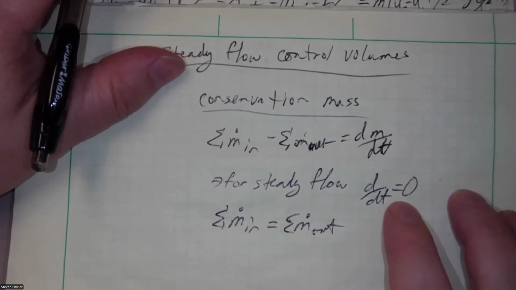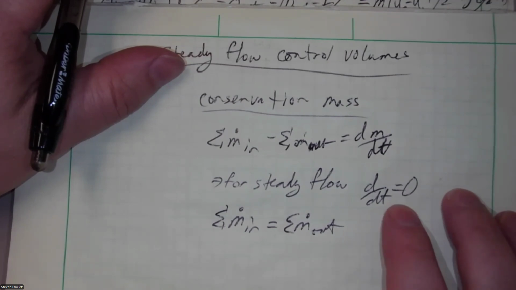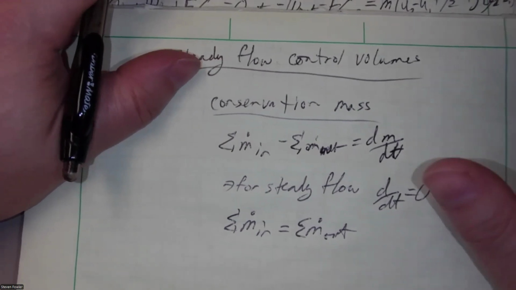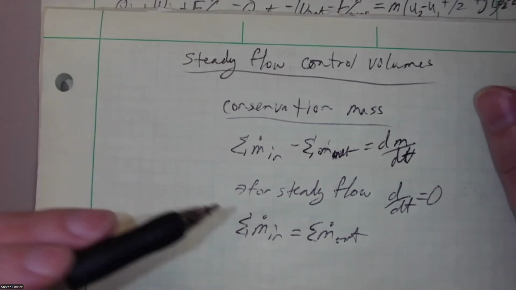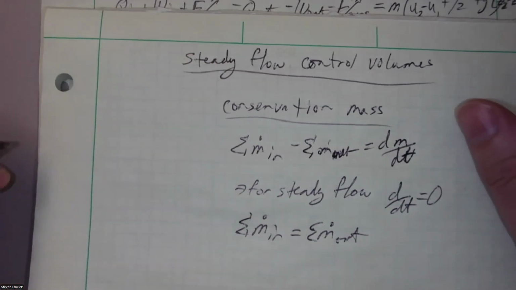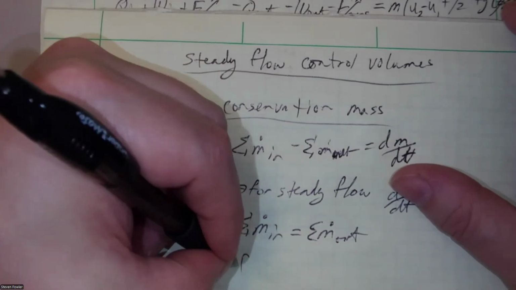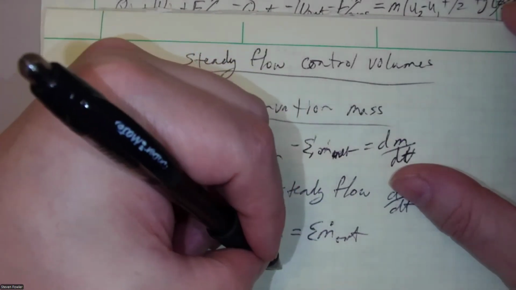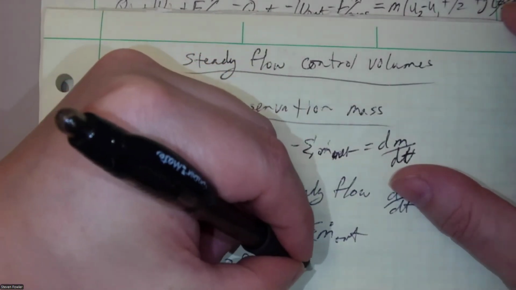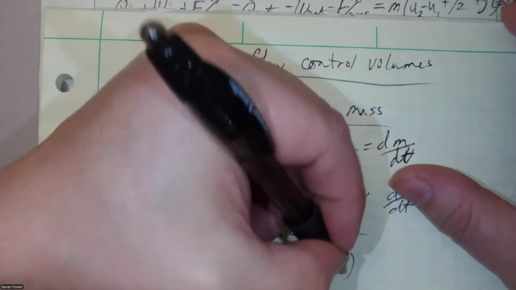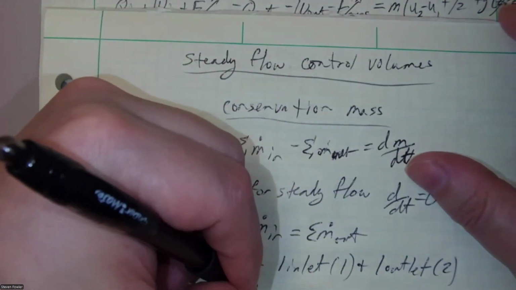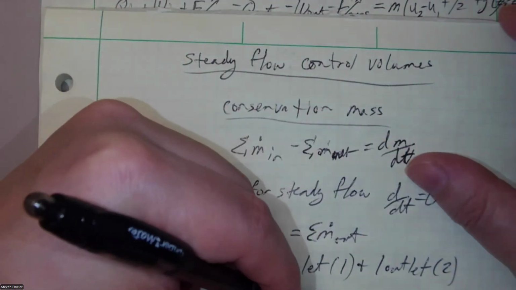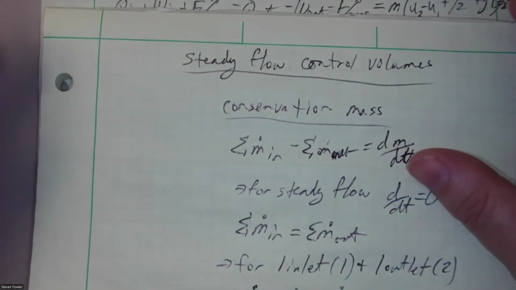What we're going to do is assume that everything's flowing steady. We're going to be working with steady flow systems if it's a control volume. So the total mass flow rate in is going to equal the total mass flow rate out. And then it can simplify a little further for one inlet, we'll call it 1, and one outlet, we'll call it 2. M dot 1 equals M dot 2, which we'll just call M dot.